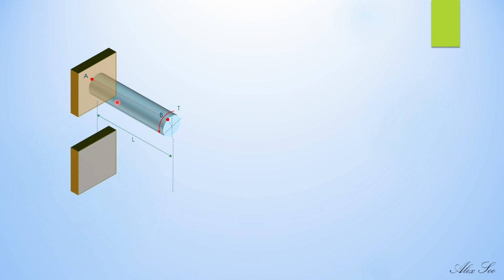You see the next diagram here. This is your point B. When you apply torque T, the plane AB here will be distorted to another line, the blue line, which is angularly twisted or displaced.